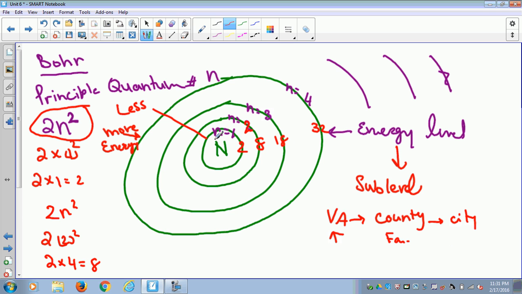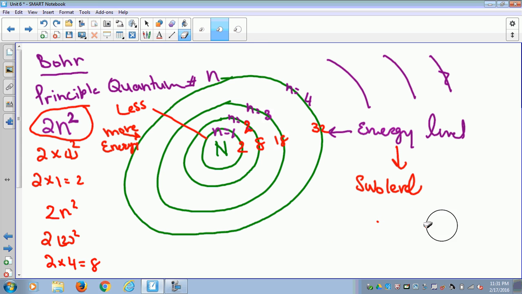We know that electrons are revolving around the nucleus. So first of all we know that the electrons are revolving around this main path, and then this path is further divided into sublevels. There are a total of 4 sublevels, and they're called s, p, d, and f.